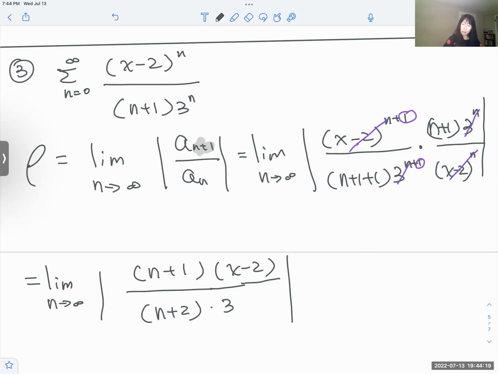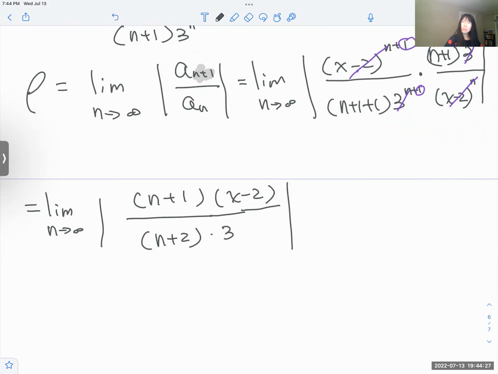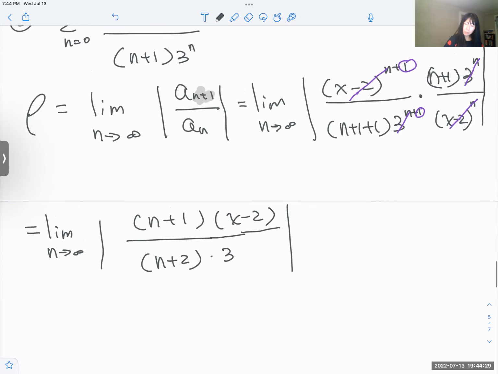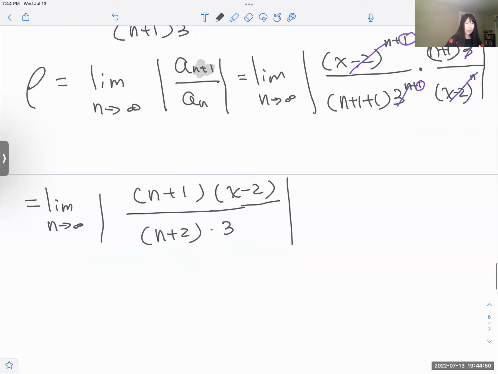Yeah, okay. All right, then we have a 3 there, right? Didn't the 3 cancel out? So we have 3 to the n over 3 to the n, but there's one 3 left behind. Okay, I didn't make a mistake, right? So there's a 3. Good. All right, then let's take out the part with the x.